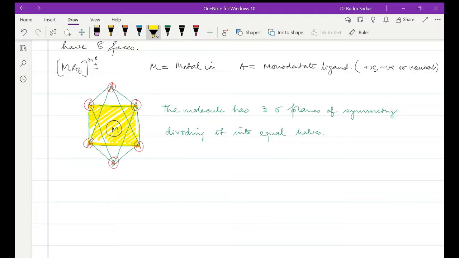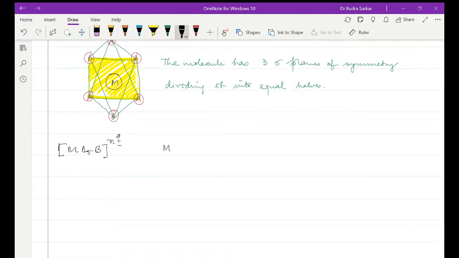Now if we take another molecule, such as, we are discussing types out here, so if we talk about MA5B, keeping other things same, so here we will say M is the central metal ion, A is not equal to B, and both are monodentate ligands, can be neutral or can be negative.